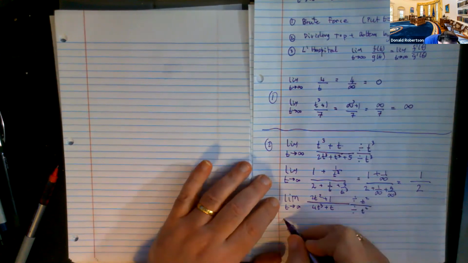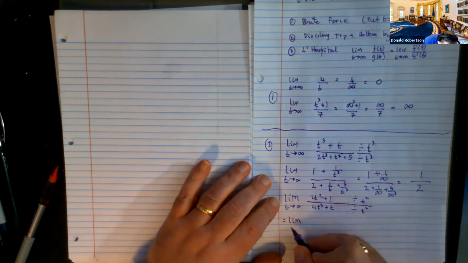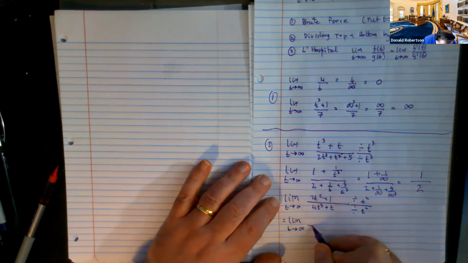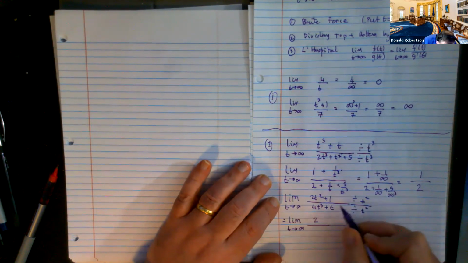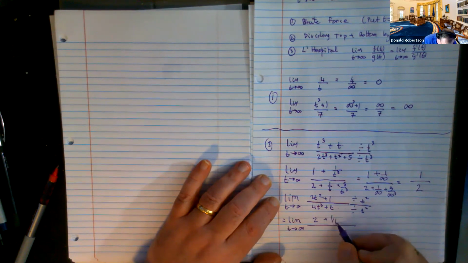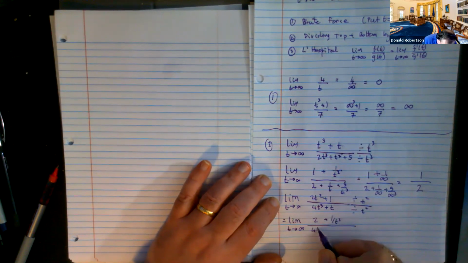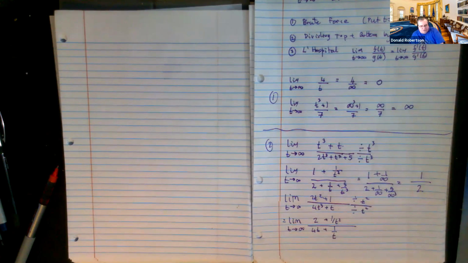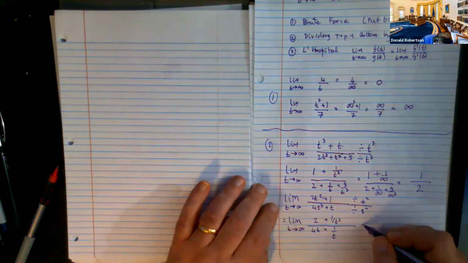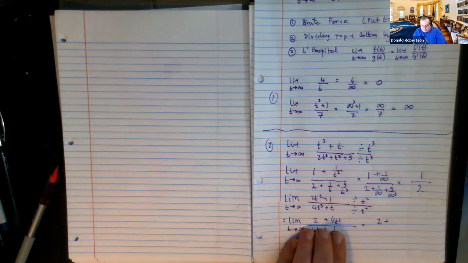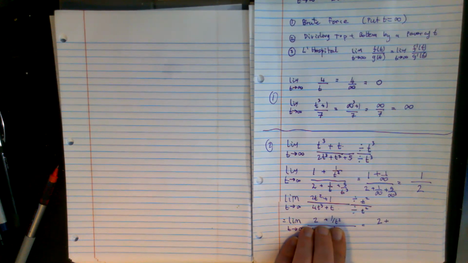And let's see what that turns into. It turns into the limit as t tends to infinity of, that guy is 2, that guy is 1 over t squared, this guy is 4t, and this guy is 1 over t. And once you've divided the top and bottom by t squared, or whatever it is you've decided, you then do the brute force. 2. What would 1 over infinity squared get me? 0.